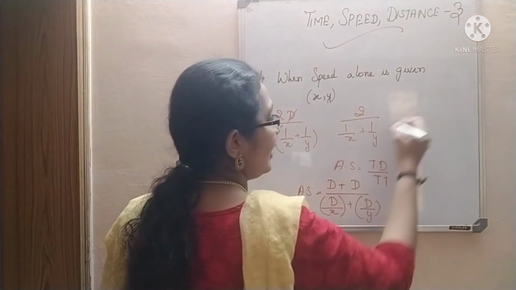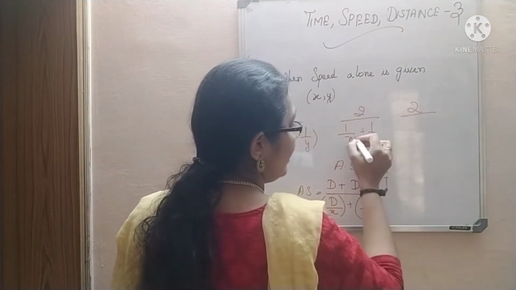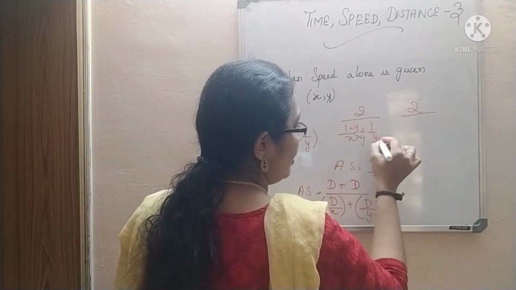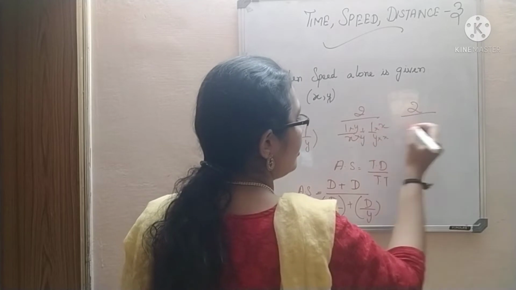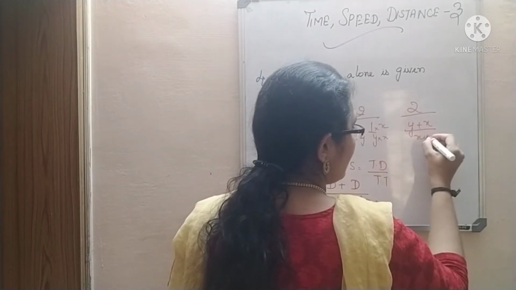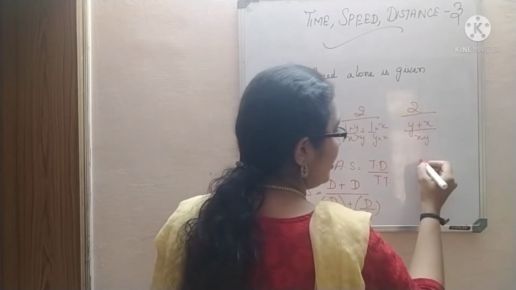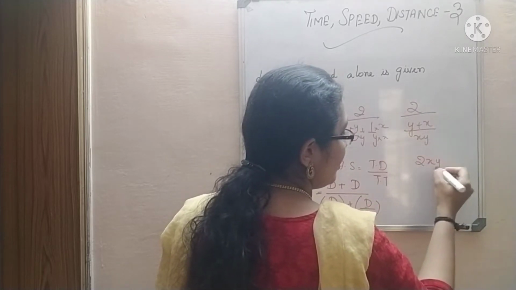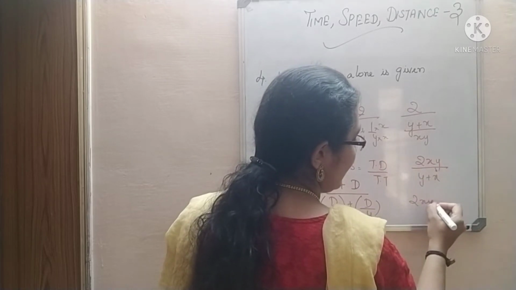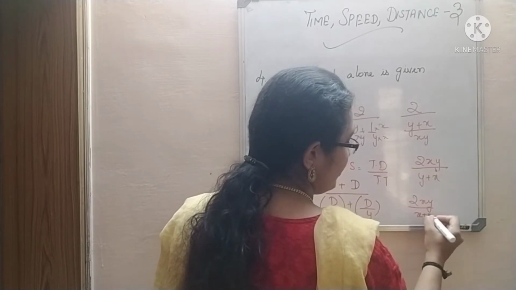Now take the LCM, which is xy. So 2 divided by (y plus x) by xy. When I take this xy up, you get 2xy by y plus x, or you can write it as 2xy by x plus y.